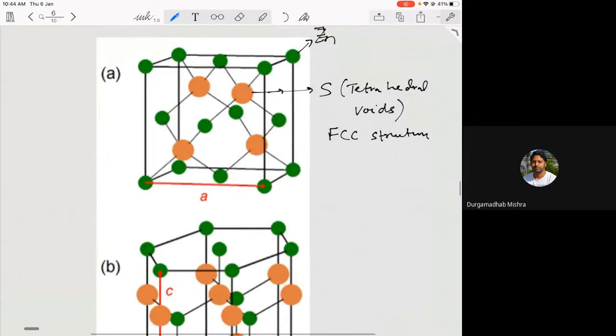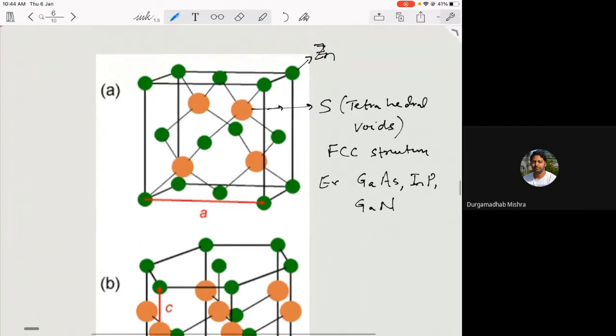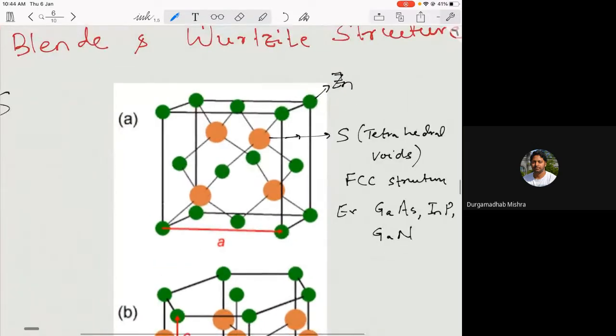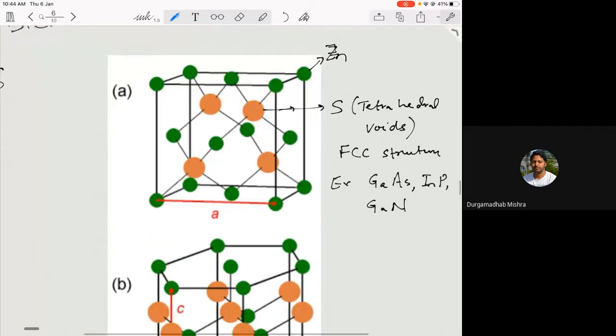So examples are gallium arsenide, indium phosphide, gallium nitride. All these are really famous semiconductor materials, these compound semiconductors, in which the atoms are arranged in this zinc blende structure.